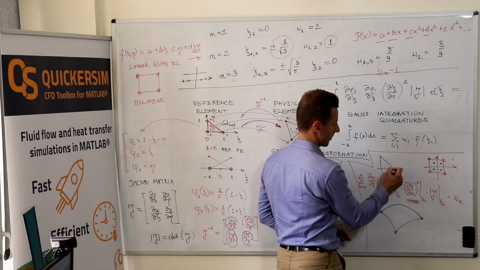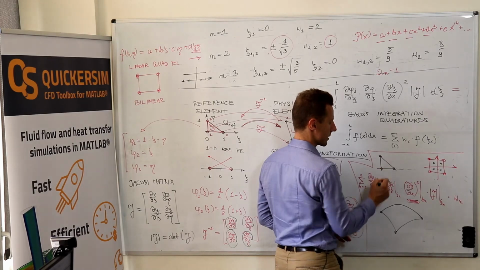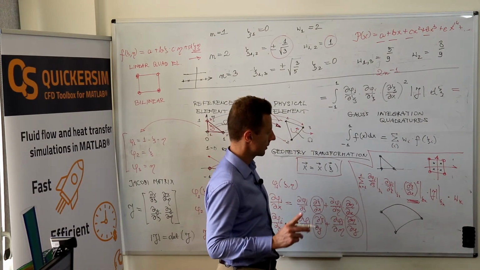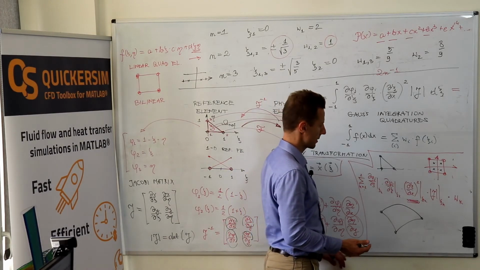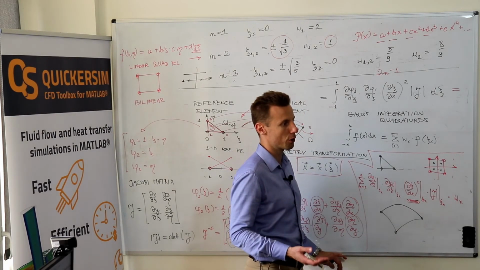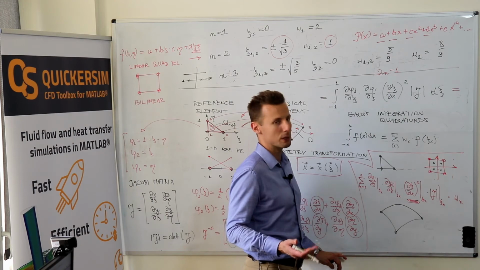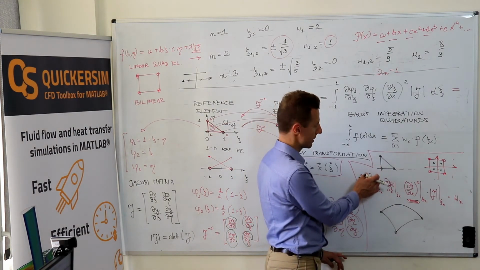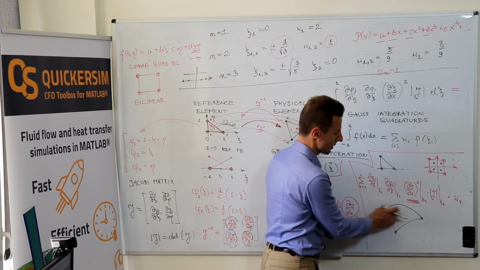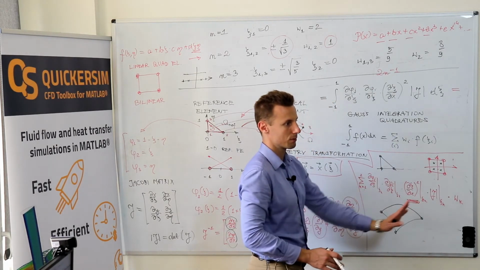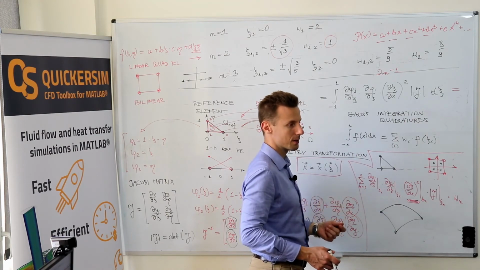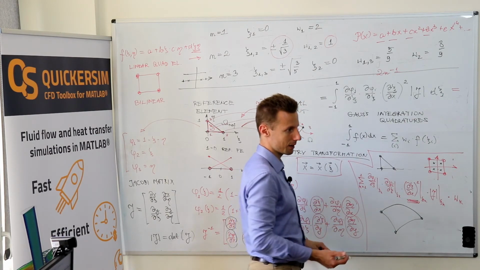And the reference one is that. But if you want to have curvilinear elements, this means that you need to have a higher order transformation of the geometry. So it cannot start with the linear elements, because a linear element will always transform the edges into straight lines.